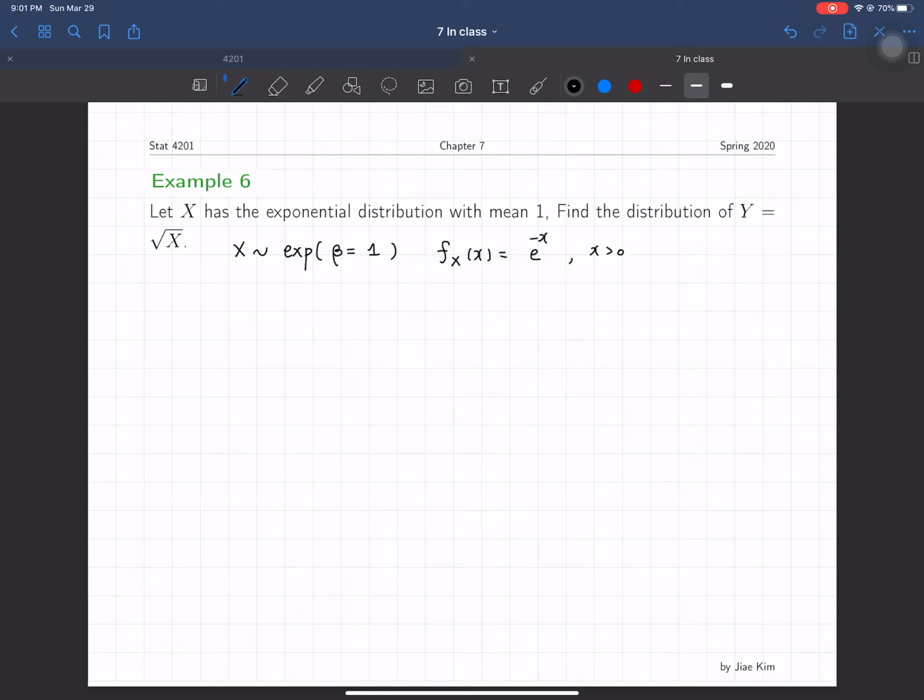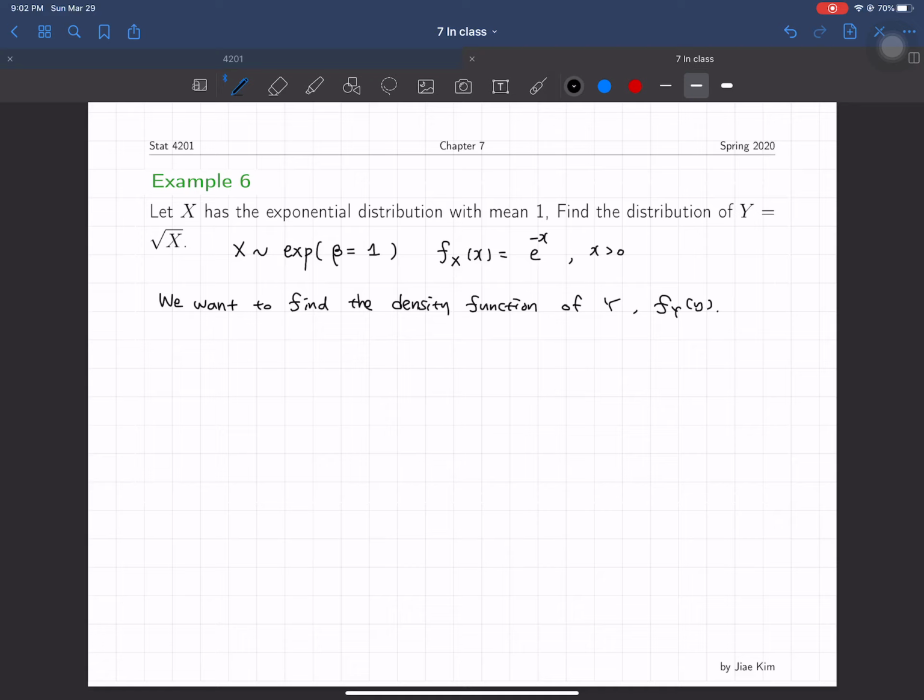And what we need is to find the density function of Y, which is denoted as f sub Y of y.